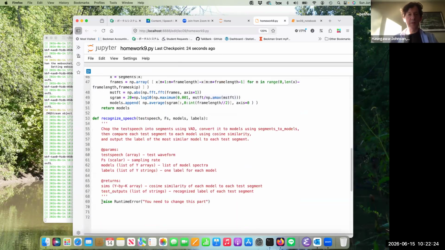Let's see, I want n is equal to the integer of 0.004 times fs, and s is equal to the integer of 0.002 times fs.